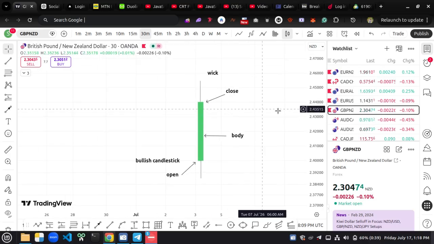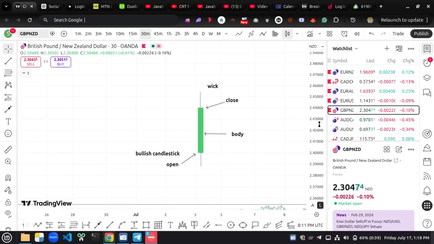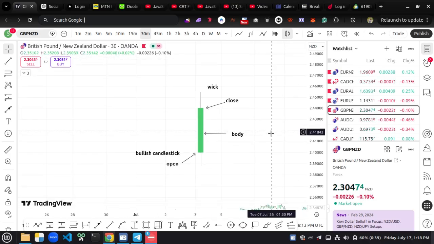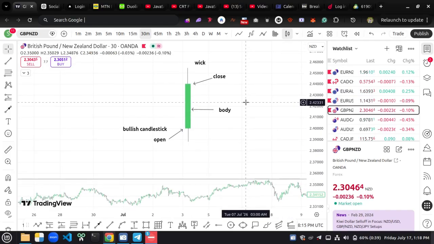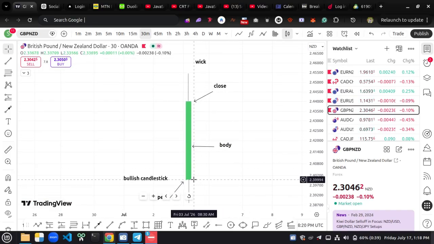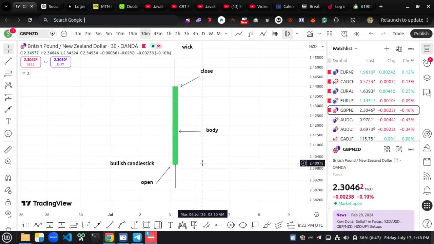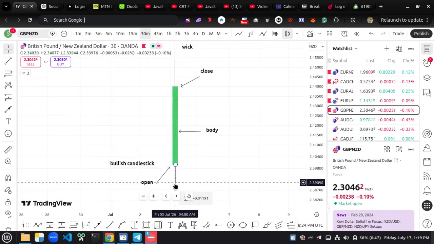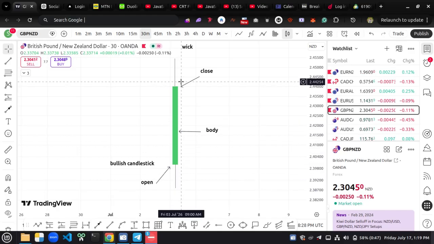So the wick basically shows the momentum of the market, or the price movement. Sellers got into momentum and tried pushing the market down, but then buyers pushed it back up to this point. Then sellers could only push it here before the market closed.